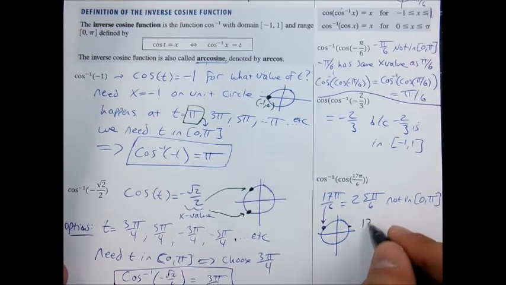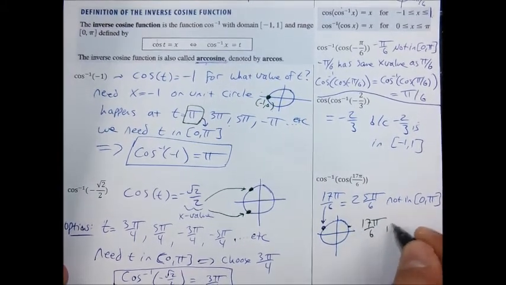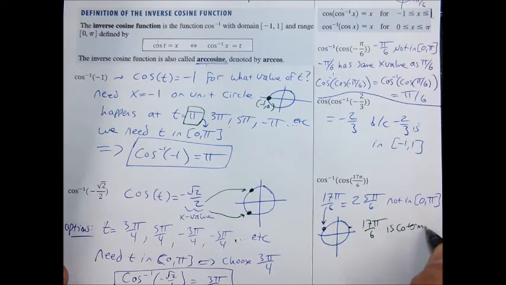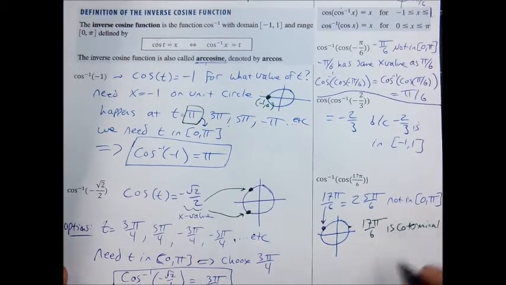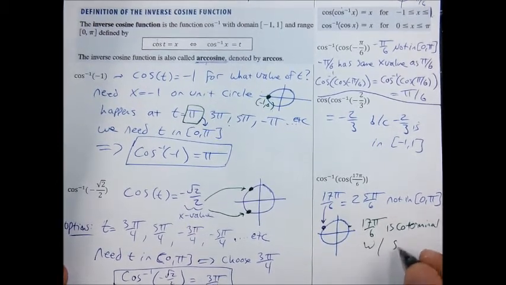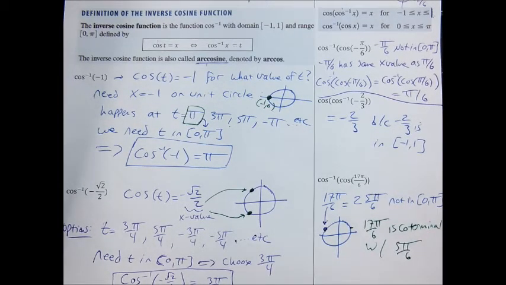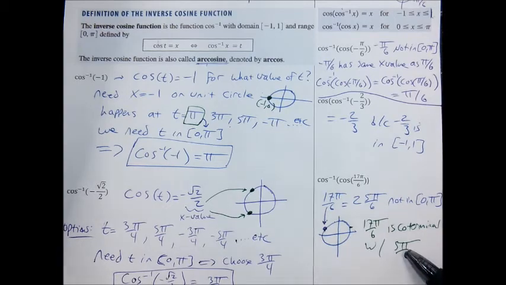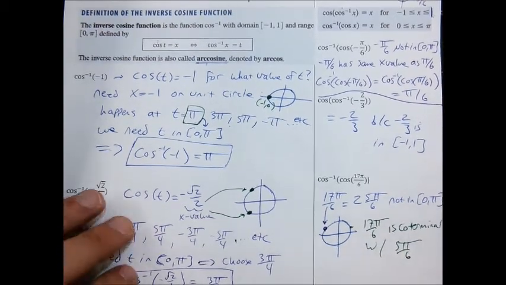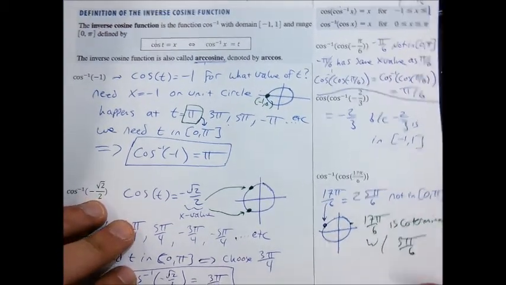And so let me write that down. 17 pi over 6 is coterminal with 5 pi over 6. And so let's use 5 pi over 6 instead, because that's in the correct interval. That is between 0 and pi. And so we'll use that value instead.